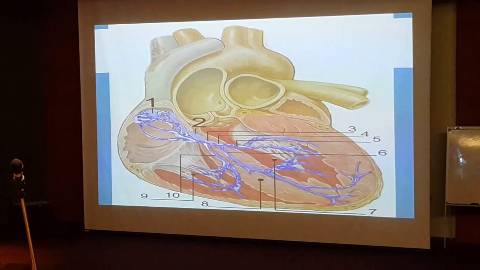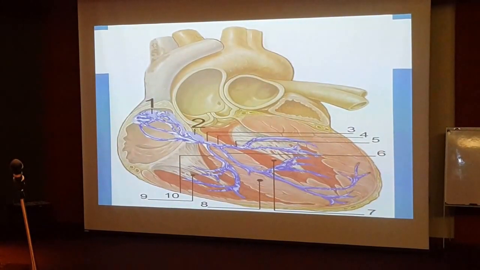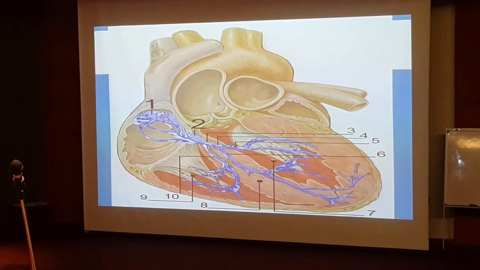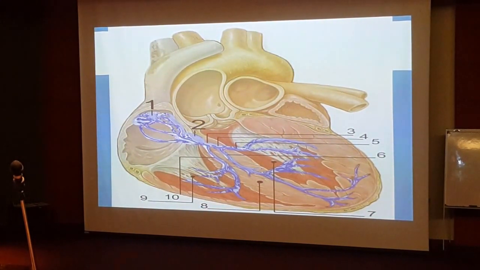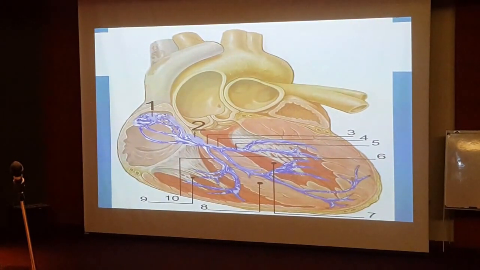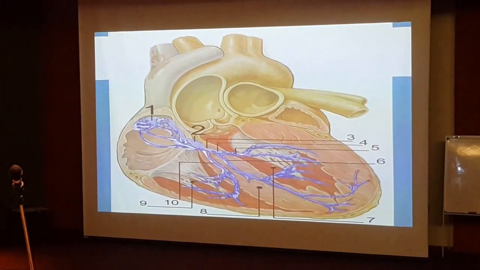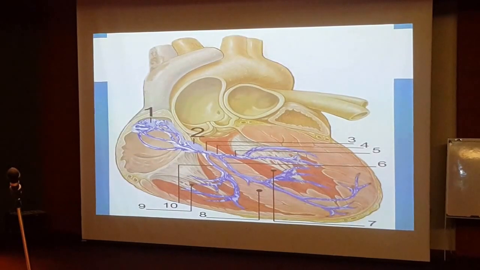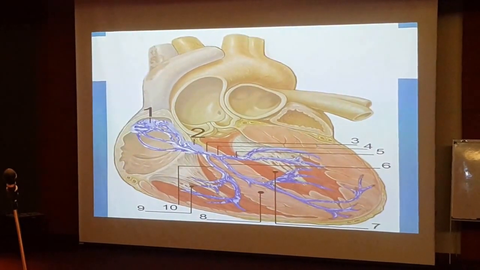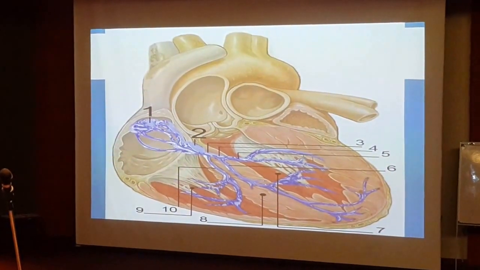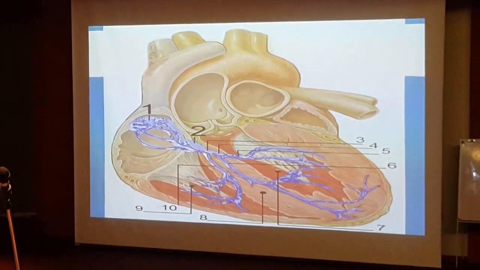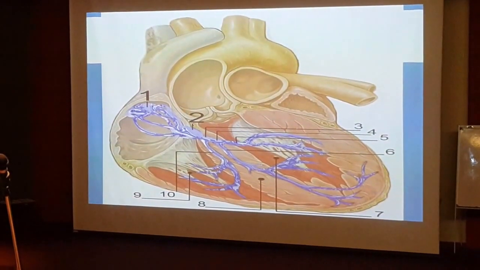So this is a diagrammatic representation of that. Hopefully all of you can see that. Do you see that number 2 region?